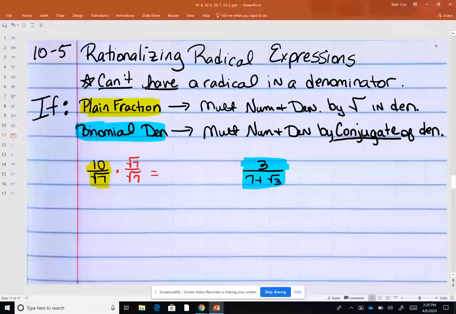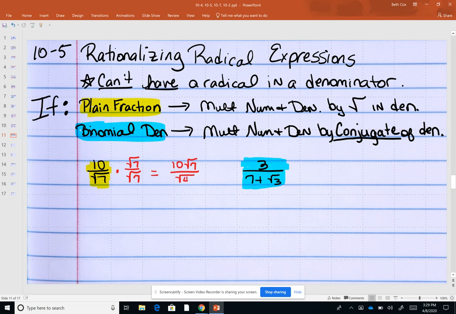We're going to multiply the numerator and the denominator by that radical that's in the denominator. That's going to give me 10 square roots of 7 over, technically, the square root of 49, or if you think about it in terms of getting out of the house, it's just a plain 7. So we have 10 square roots of 7 over plain 7.